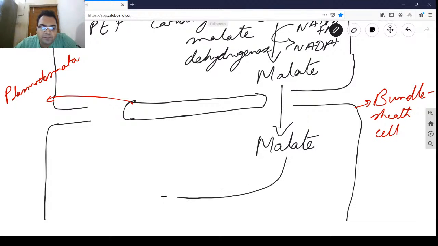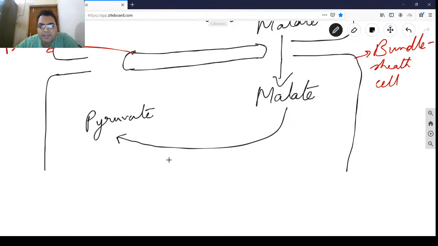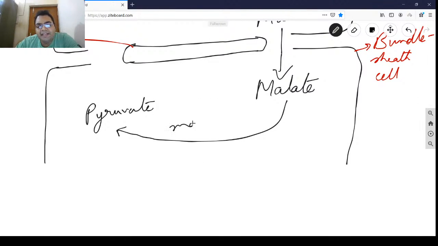Malate would become pyruvate. The enzyme is malic enzyme. This is oxidative. You can write it down. It's 4 carbon.